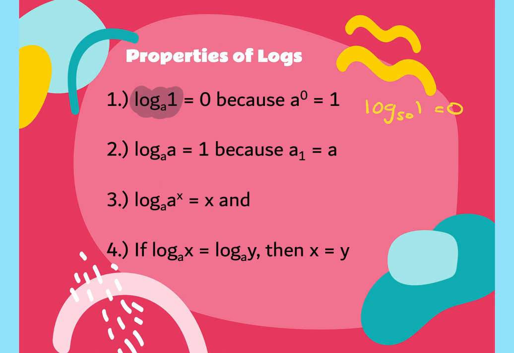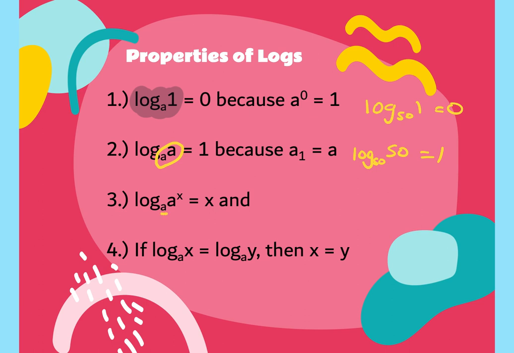So in order to get 1 as an answer from exponential, your exponent would have to be 0. If the base and the number next to it are the same, then my answer is 1, because the only way to keep something the same would be to raise it to the first power. So if it said log base 50 of 50, that answer is 1.